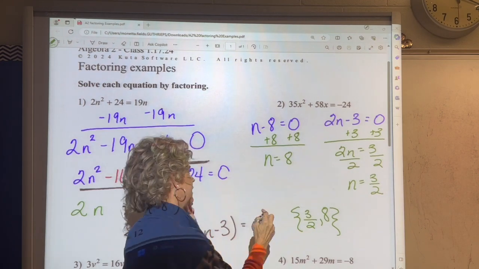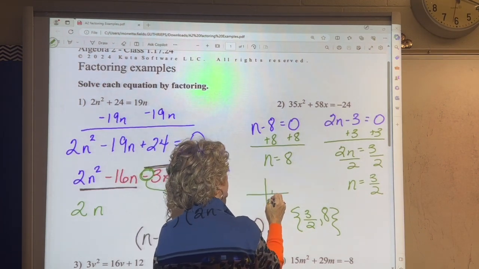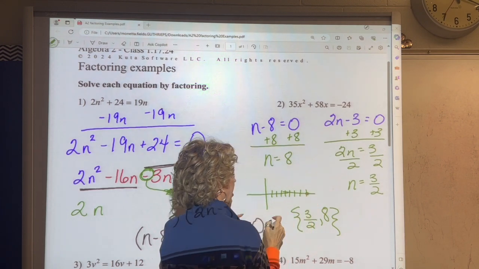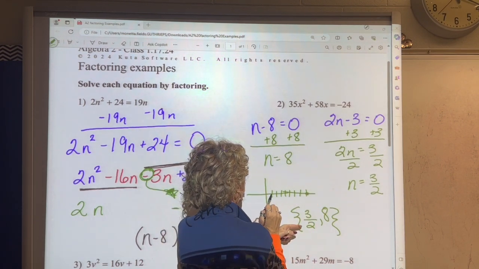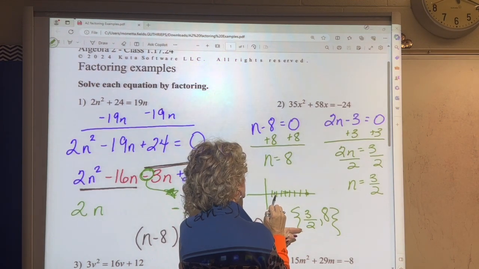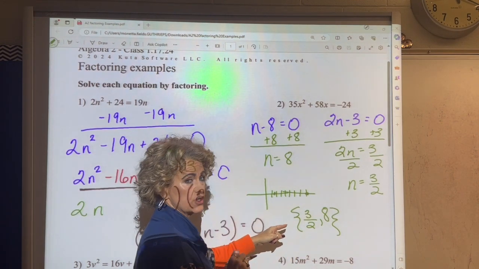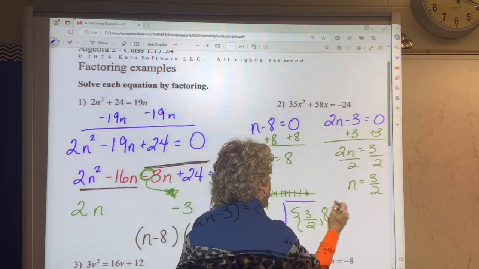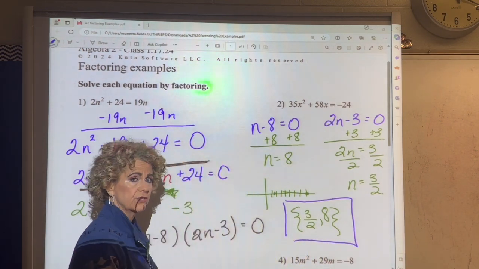So on our grid, 1, 2, 3, 4, 5, 6, 7, 8. So it's going to cross here, and then at 3/2, that means 1.5, so it's going to cross there, and then it'll cross in between in some way, shape, or form. But we have solved it by factoring.